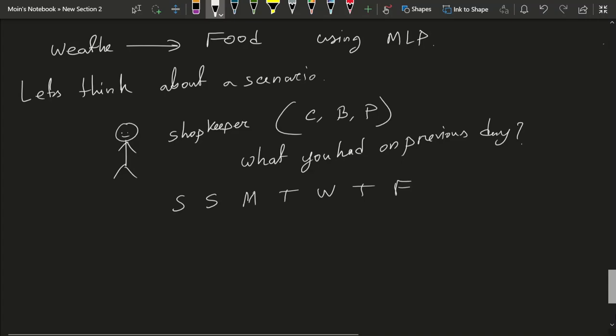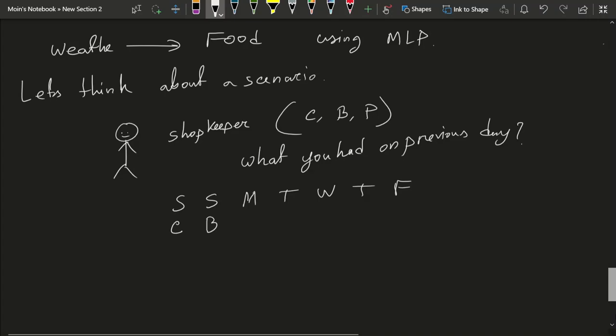If on Saturday you had chicken, and on Sunday you go to the shopkeeper and he asks what you had on the previous day, and you answer chicken, then he provides you a burger, because he provided you chicken the day before.